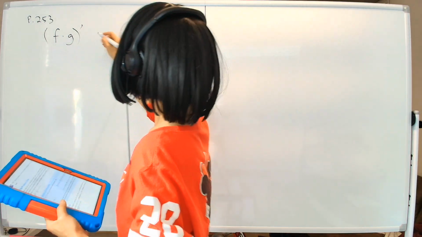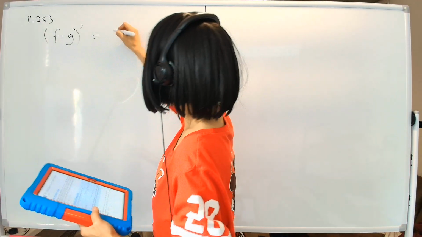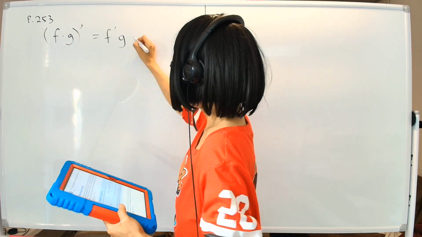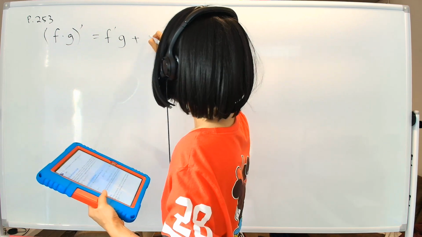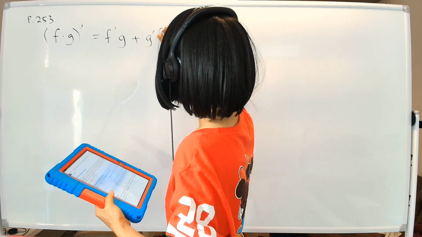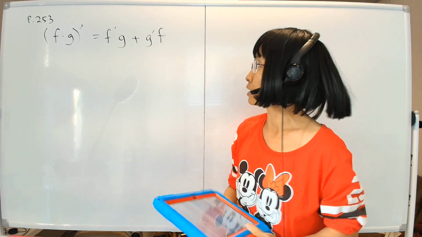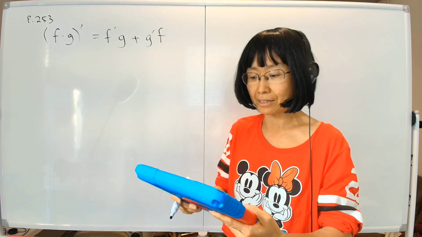To take the derivative of a product, you take the derivative of the first and then multiply by the second, plus the derivative of the second multiplied by the first. So it's f prime g plus g prime f. And it's somewhat symmetrical, so it's fairly easy to remember the product rule.